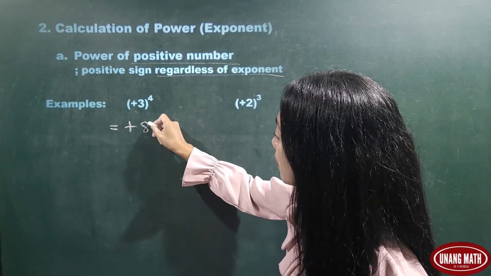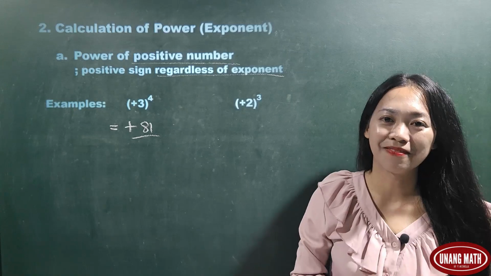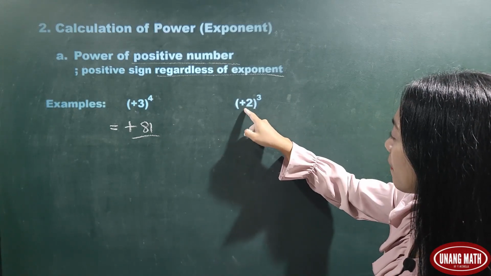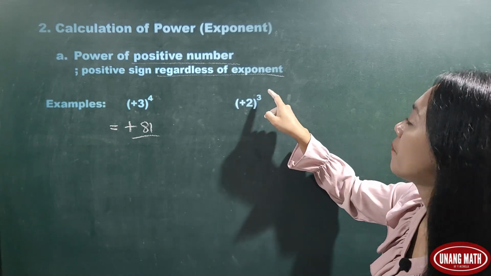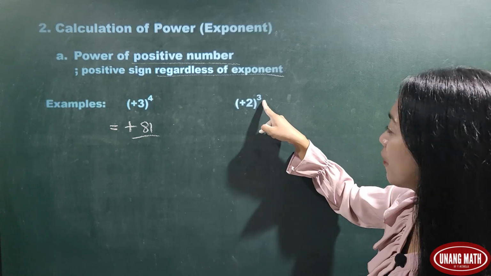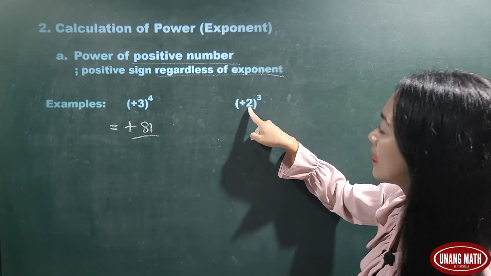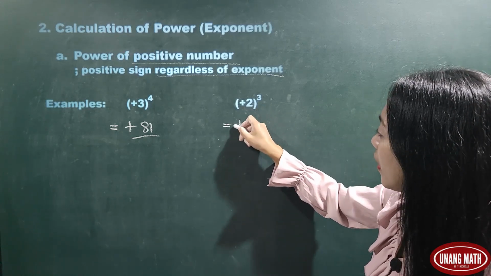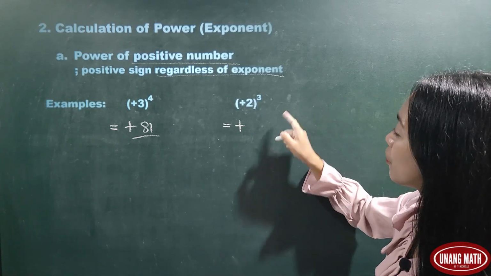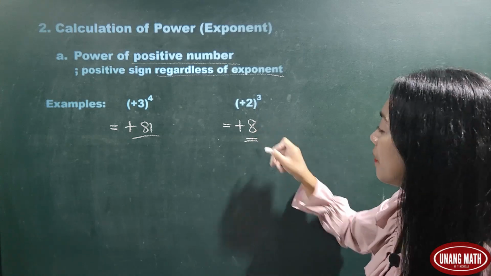The answer is positive 81. Okay, how about the second example? Positive 2 raised to the power of 3. Regardless of exponent, if the base is positive, the answer is positive. So positive 2 times positive 2 times positive 2, the answer is positive 8.